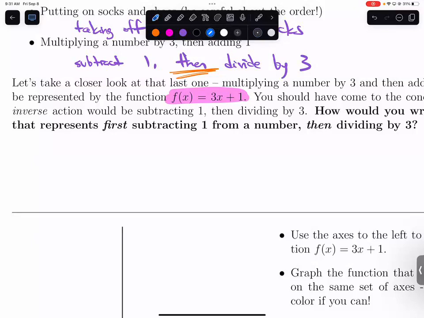Normally division would be before subtraction. I want subtraction to happen first. The way we force order to happen is to group things somehow, right? Use parentheses or something. So I want, take a value, take an x, subtract 1, then I want to divide by 3. So group that somehow. How'd y'all write this?